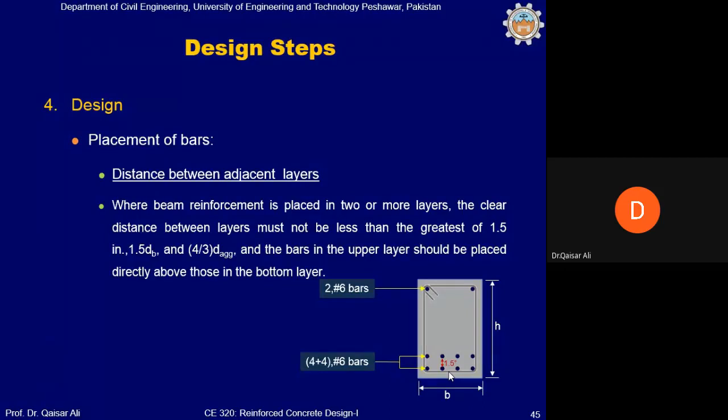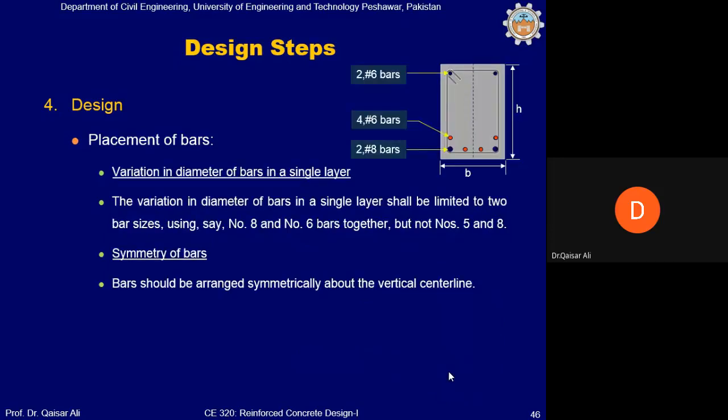Therefore, we will add 1 more bar and place 4 plus 4 bars to satisfy the code criteria. You should be careful about satisfying all the code recommendations, not only the recommendations made in the calculation, but all other recommendations. These are called the recommendations on the placement of bars, and they must be satisfied.